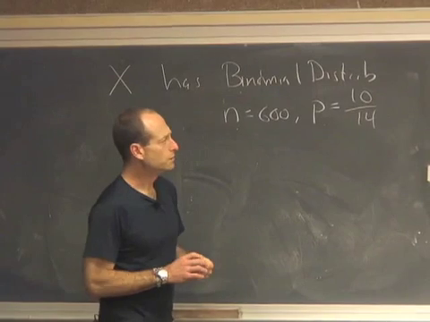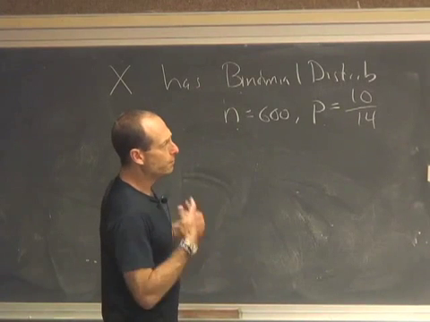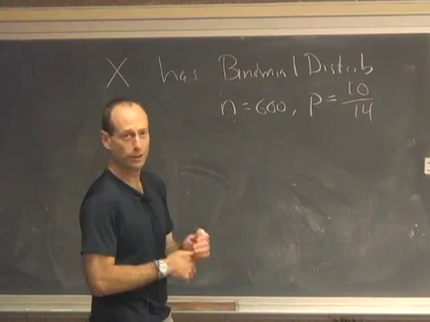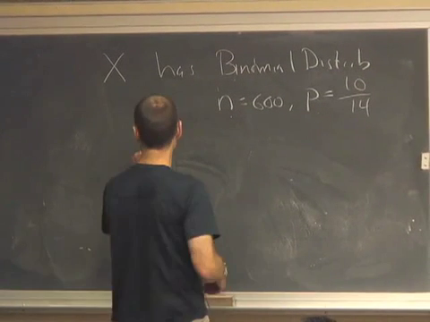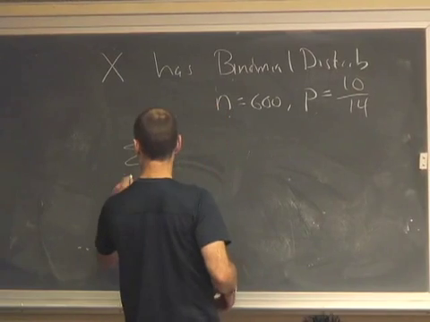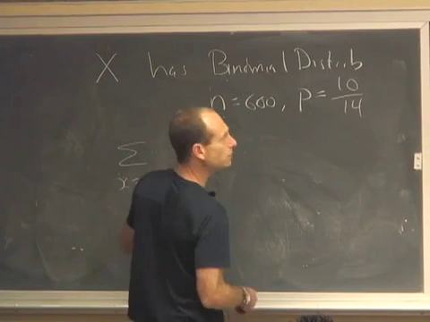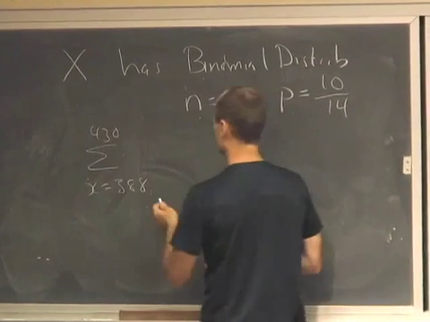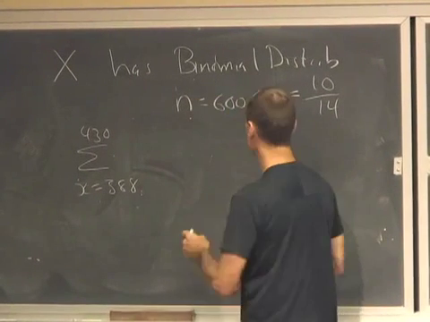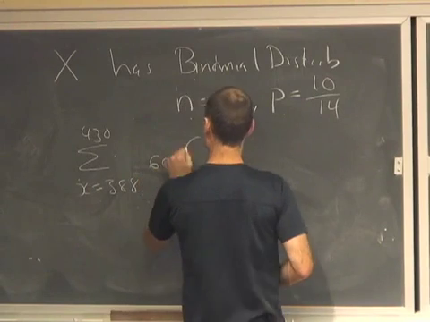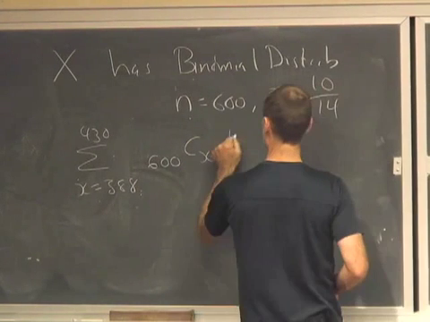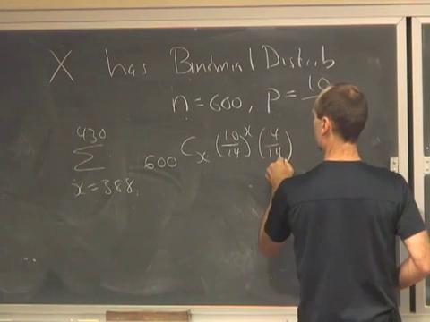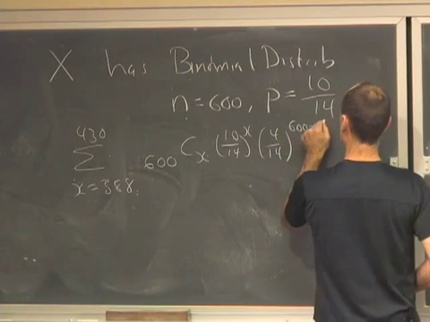Okay. So the actual probability we're trying to find, not the approximation, the actual probability is what? It would be the sum from little x equals 388 up to 430 of 600 choose x times 10/14ths to the x times 4/14ths to the 600 minus x, right?